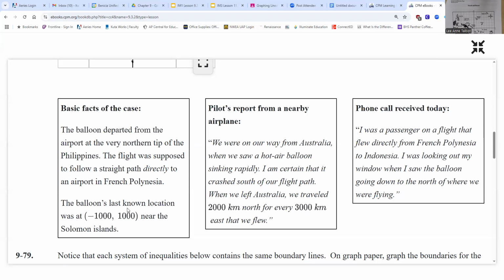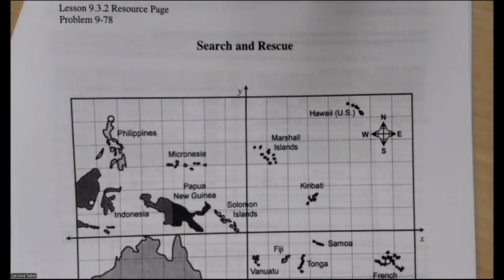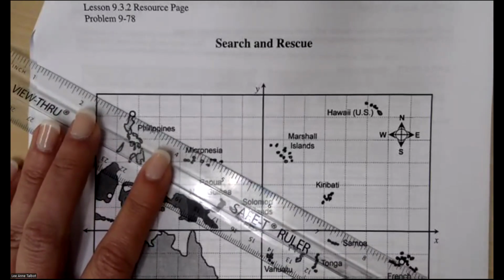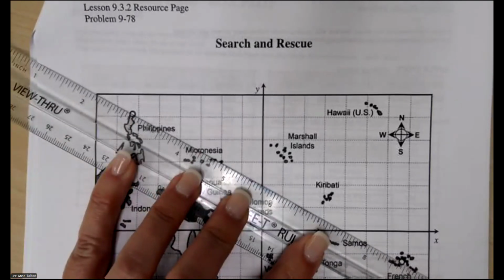The balloon's last known location was at 1,000, -1,000, 1,000 near the Solomon Island. Okay, so now we're gonna take a ruler and we're gonna connect the two airports, the Philippines and French Polynesia.